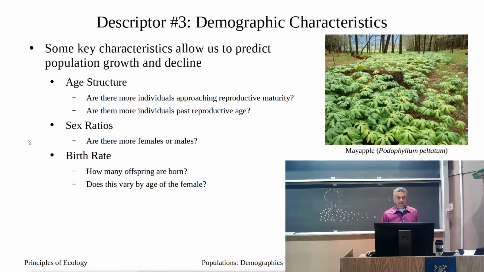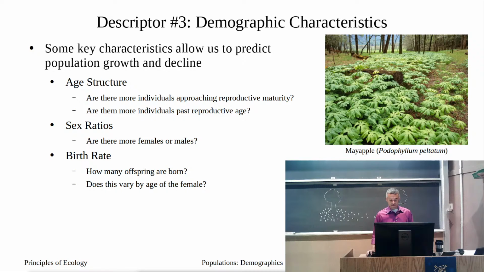All right, so demographic characteristics. These characteristics are going to allow us to predict population growth and decline. And these include the age structure, which is basically the number of individuals in each of our age categories. Now, how does this tell us about population growth and decline?